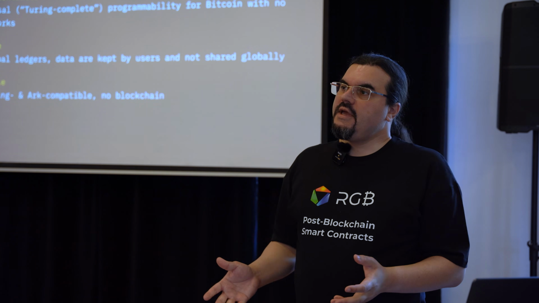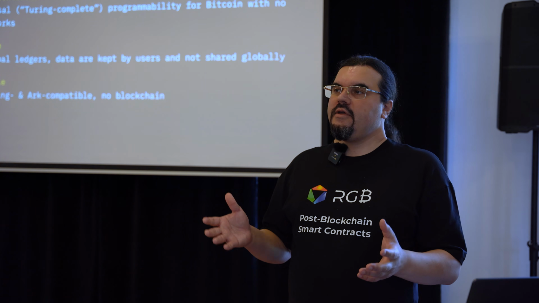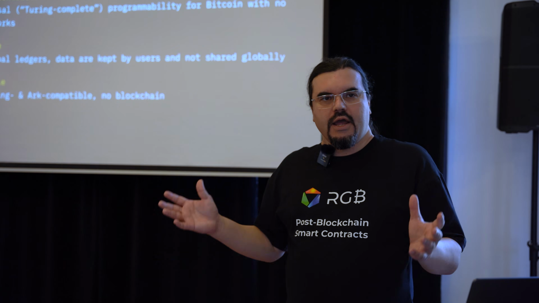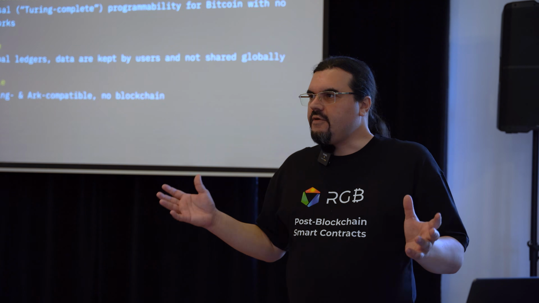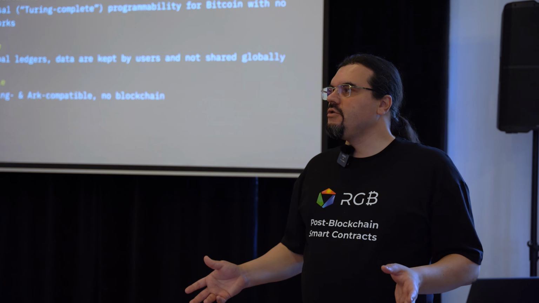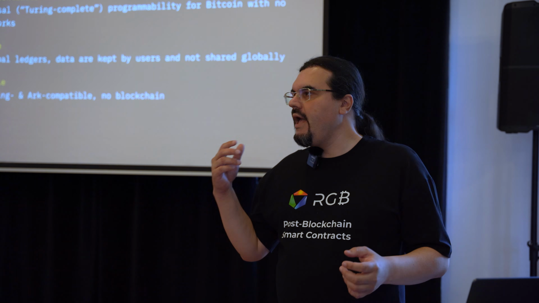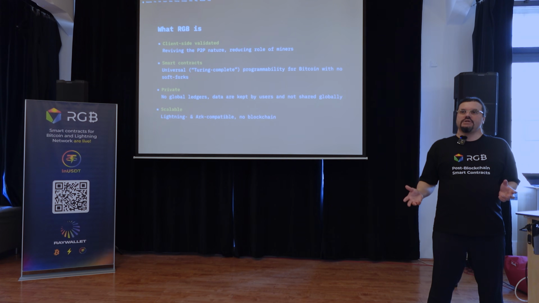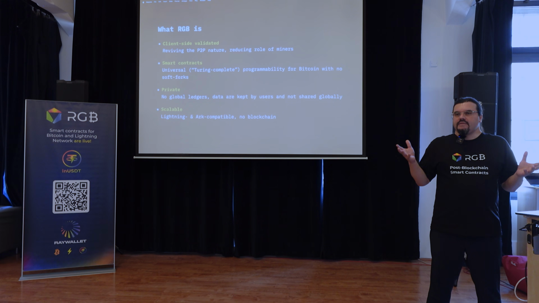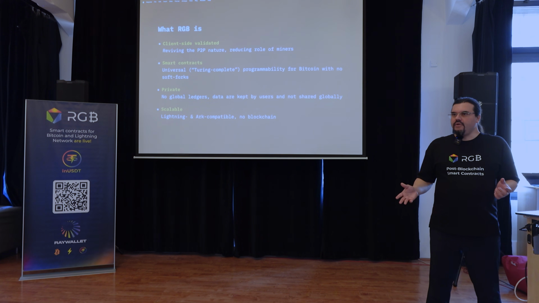And client-side validation is the first technology that brings this to an end, because you don't have a global ledger anymore. When you send a transaction peer-to-peer, nobody else in the world knows about that. You don't publish this information into any ledger, global or partial, and that's where the privacy actually sticks, because it's bearer rights smart contracts.